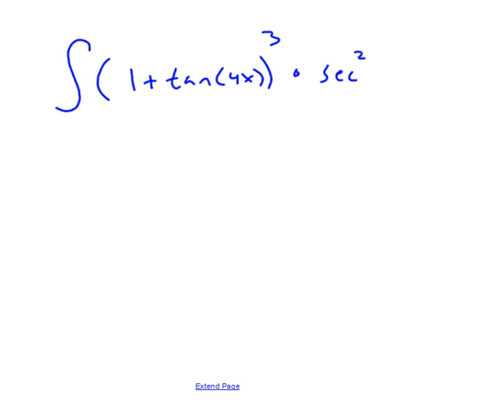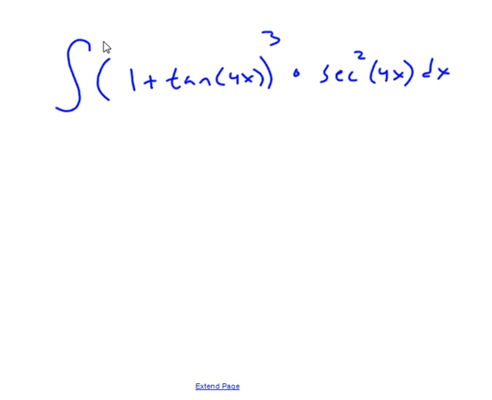All right, so let's think about taking the integral of, in parentheses, 1 plus tan of 4x, cubed, times sec squared of 4x dx. This is a kind of ugly integration problem, but there are some things you should start noticing.